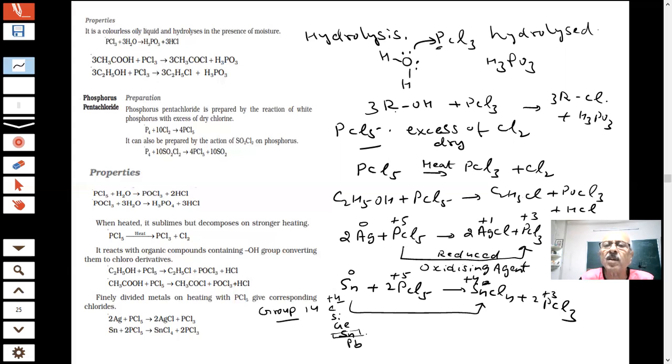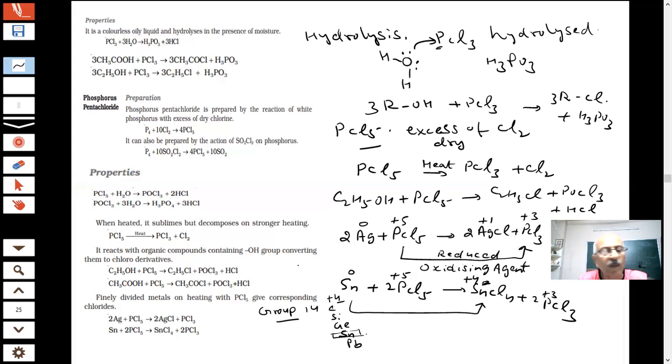Chemistry is linked with one another, and once we start understanding, it helps us a lot. I will know tin will be oxidized to which state: it is a group 14 element, going from 0 to oxidation state +4. There are +4 or +2 oxidation states.